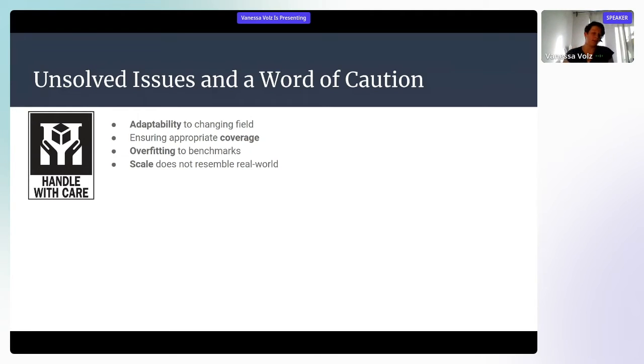Then there have been examples of fields that are overfitting to benchmarks a lot, and then you don't have any idea of how they would work in the real world, because that is just not a concern at that point, right? It's just hitting the mark. And then, of course, the scale is always going to be a problem.